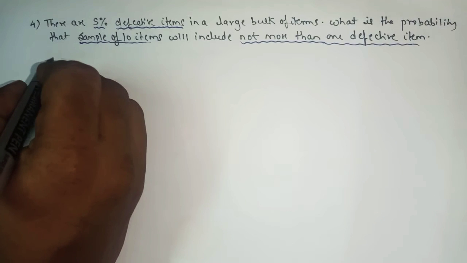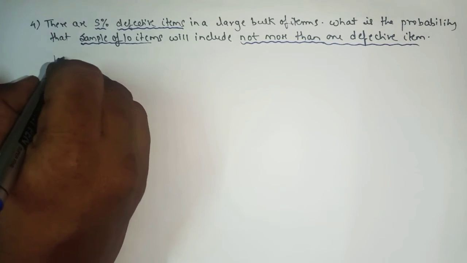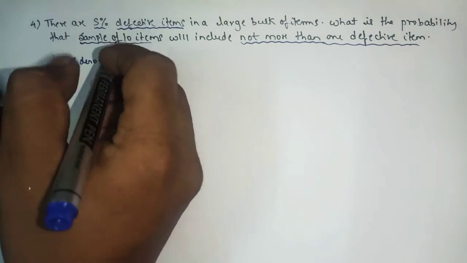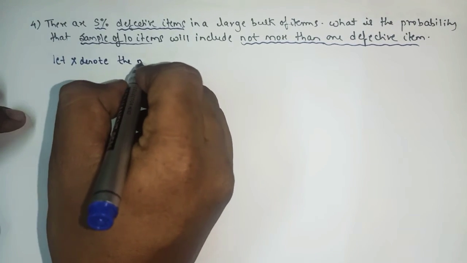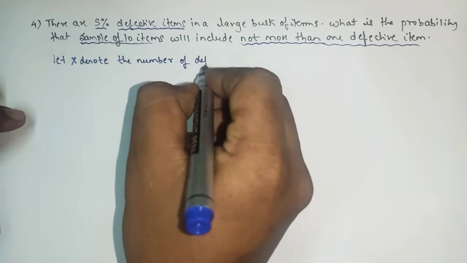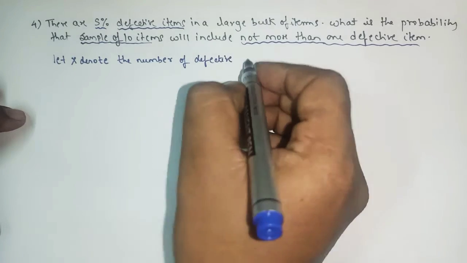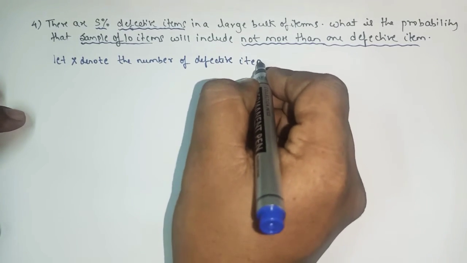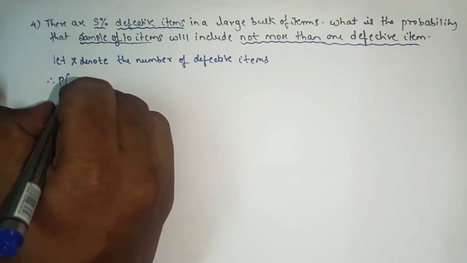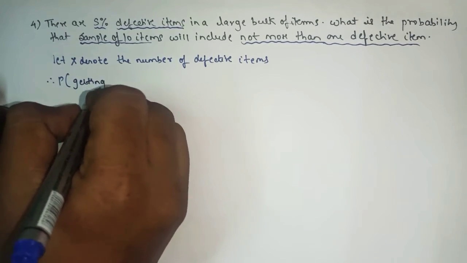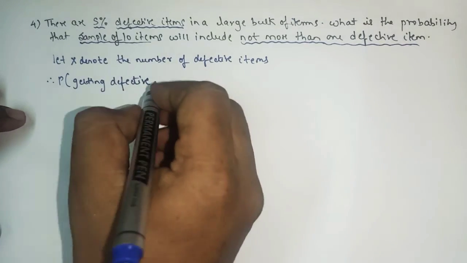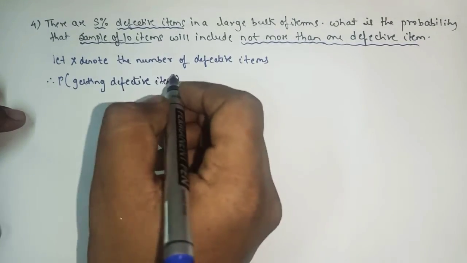So let's begin with the sum now. Let x denote the number of defective items. So here we can write p as getting a defective item.